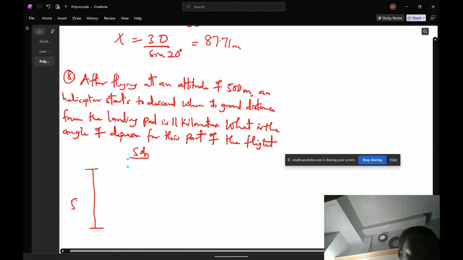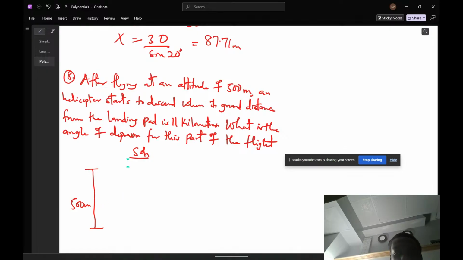The helicopter starts to descend when its ground distance from the landing pad is 11 kilometers. So this is the helicopter. I hope the way I drew my helicopter looks okay.